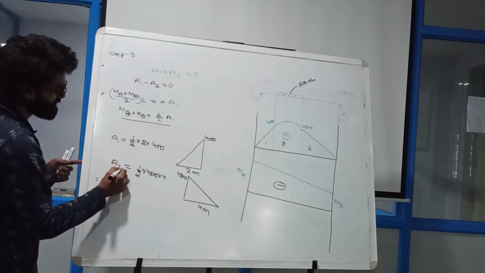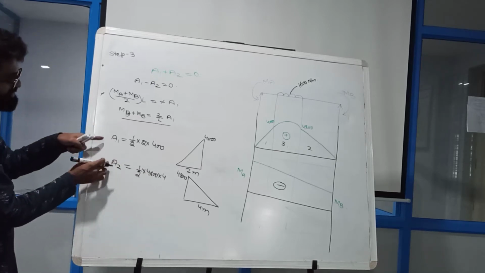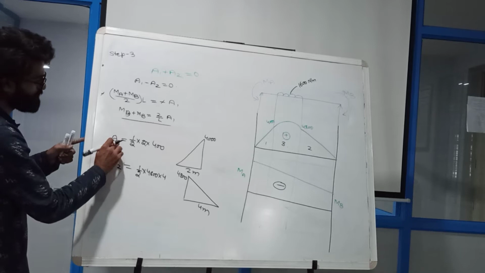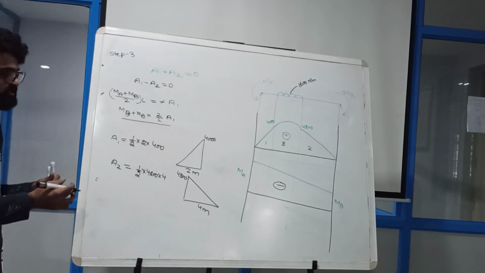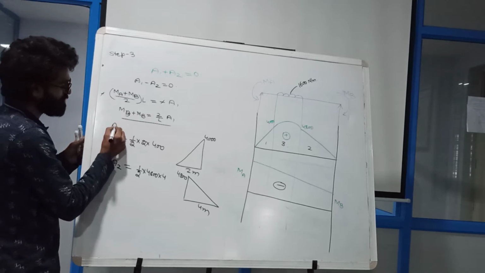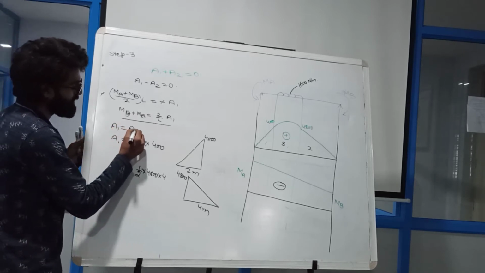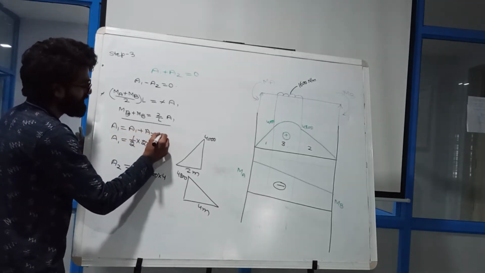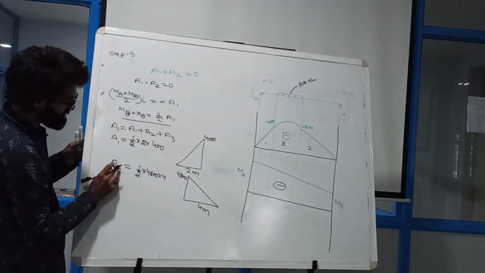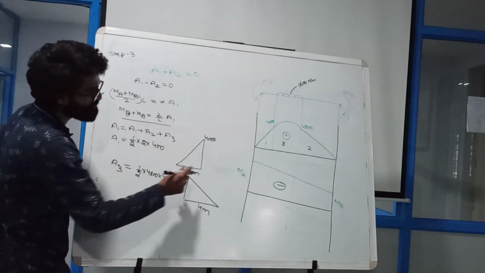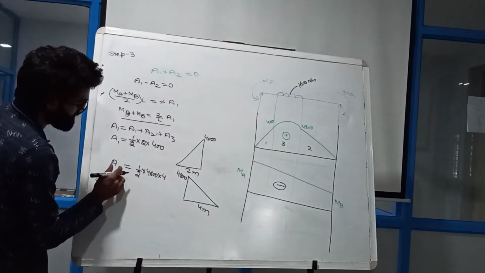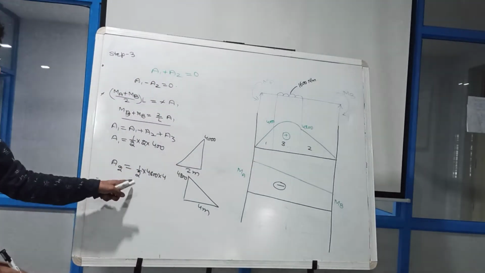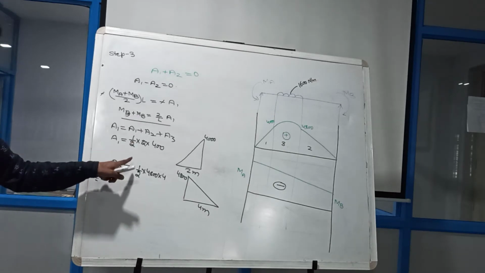At the last I will add these and I will get all. So A1 is equal to A1 plus A2 plus A3. Now I calculated this, my area 3, or this is my figure 2, whatever you want to call it, area 2 or 3. So I got these 2 values.